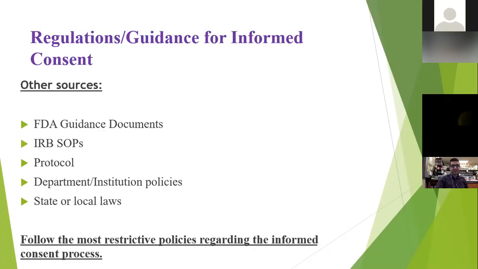In Tennessee, Mississippi, and Arkansas, there are not really any clear-cut laws about obtaining informed consent for research subjects, but California definitely has some laws. For guidance on maneuvering all of these regulations, you have to follow the most restrictive policies regarding the informed consent process.